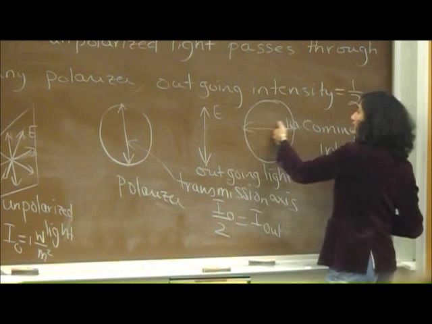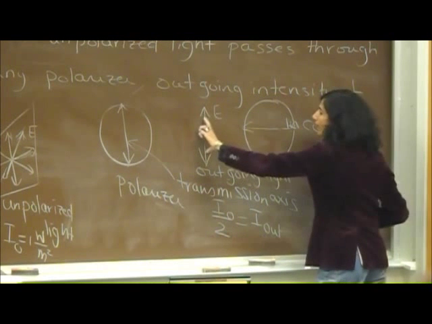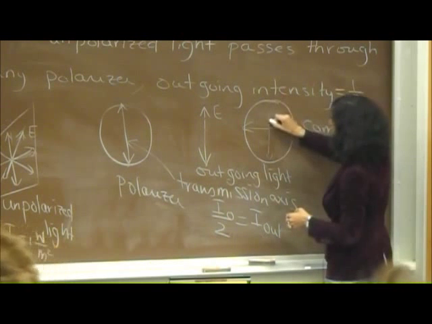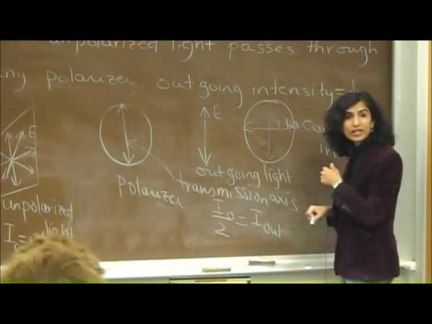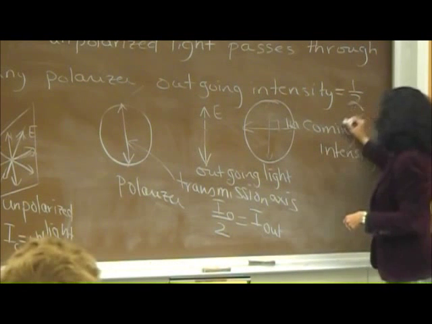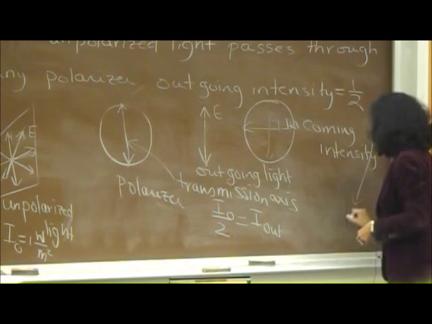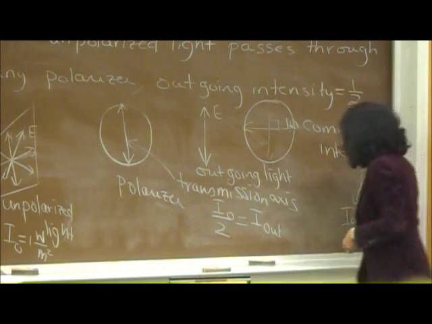And so now if it passes through some polarizer whose transmission axis is like this, then there is no component of this electric field along this direction. Do you see that this electric field is perpendicular to this polarizing axis? So there's no component of electric field in that direction, and the intensity of outgoing light will be 0 in this case.